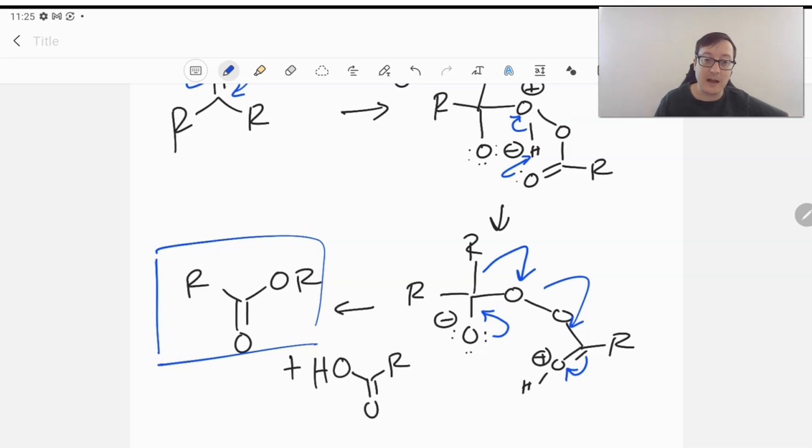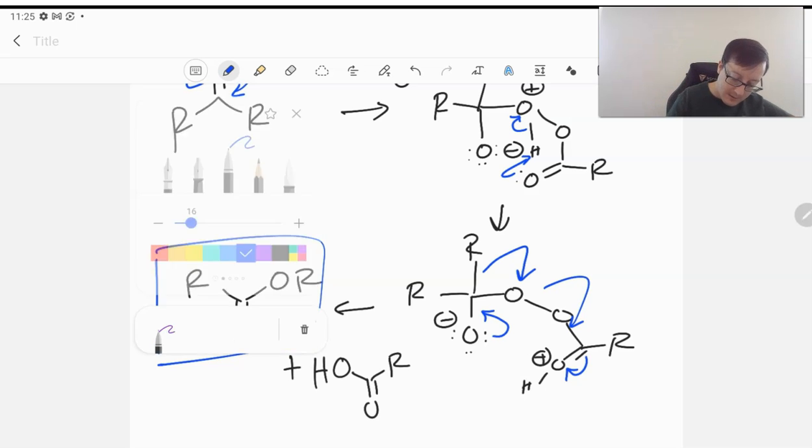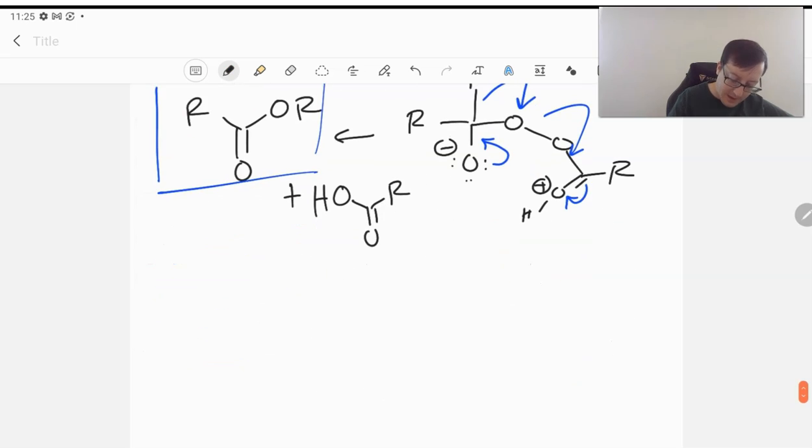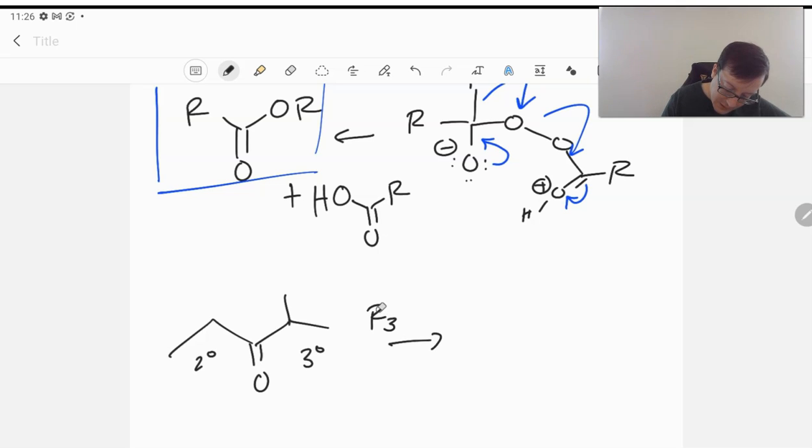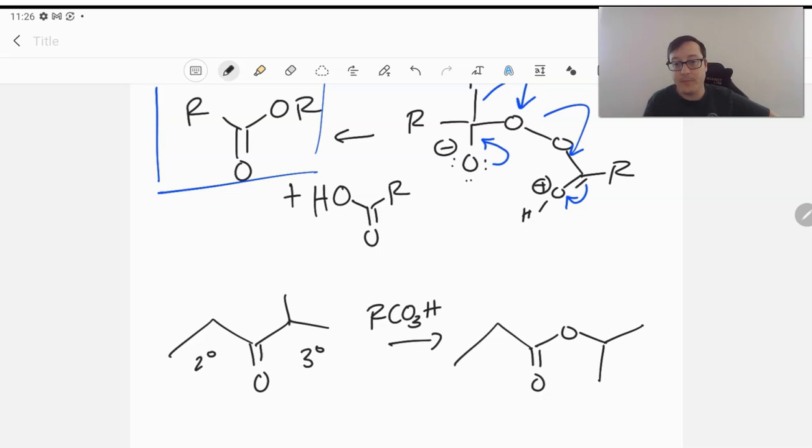We're going to see that when we have asymmetrical ketones, we can decide which one is going to get the oxygen. For example, if we had a tertiary carbon versus a secondary carbon, in the Baeyer-Villiger oxidation we will end up oxidizing on the side that has the tertiary carbon.